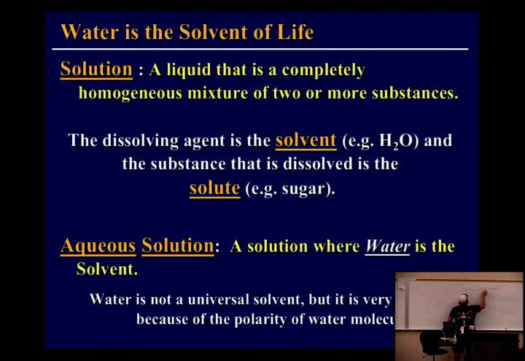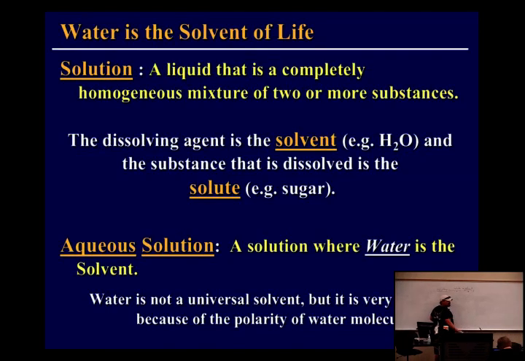So when we talk about things that are dissolved, we're talking about two different components that are involved in that. The solute is what we're dissolving, and the solvent is what's doing the dissolving. So let's say we put salt in water. Everybody agrees that goes into solution. It dissolves. So what's the solute then?